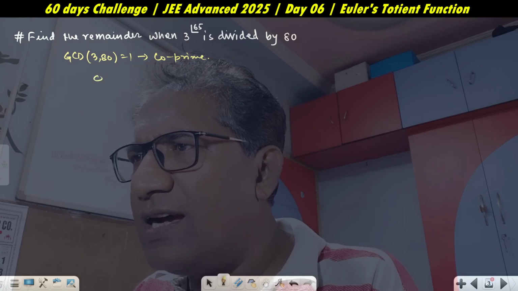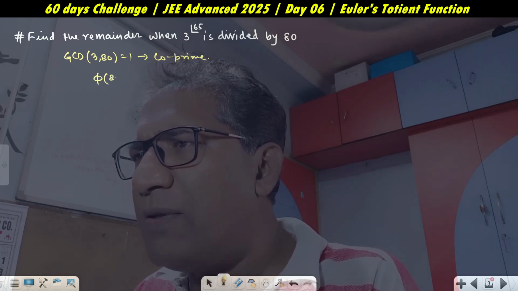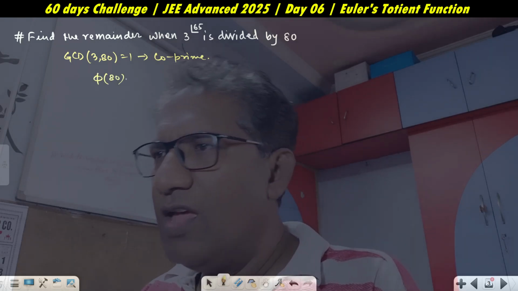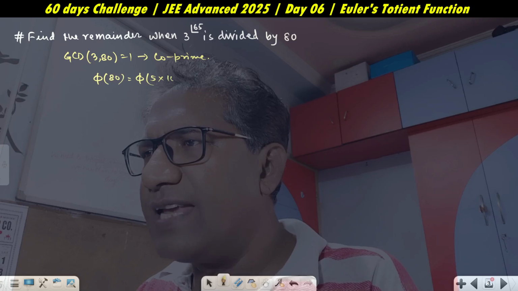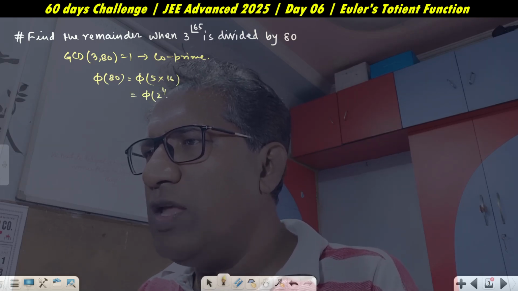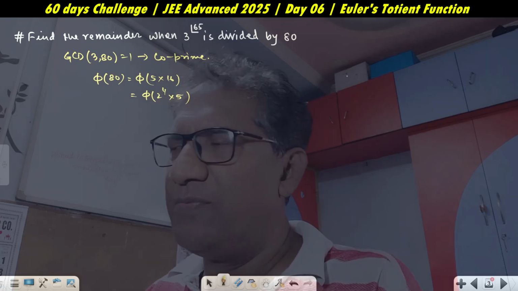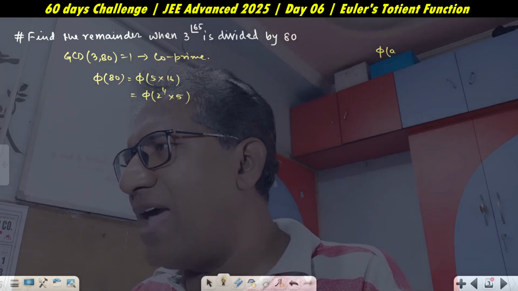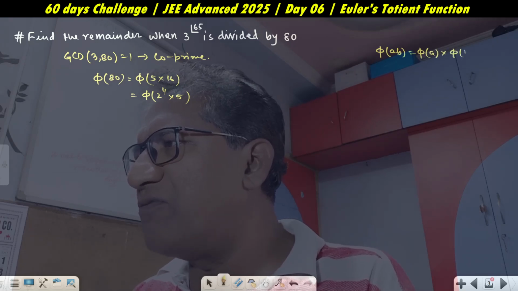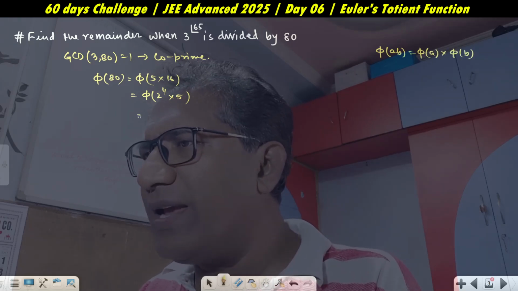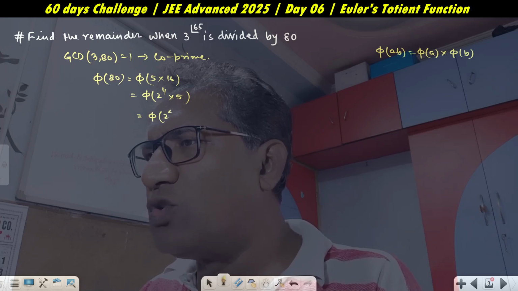And what is the Totient number of 80? 80 can be written as 5 into 16, which is actually 2 to the power 4 into 5. As I told you, phi of AB can be written as phi of A into phi of B. So we can write this as phi of 2 to the power 4 into phi of 5.